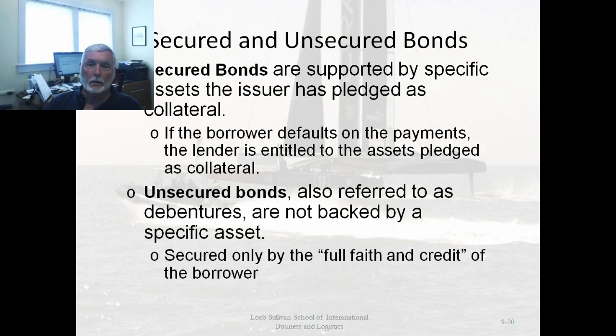If I don't pay, then you can force me into bankruptcy, and you are in line with all the other creditors after the assets are liquidated. So you don't have any preference over the other creditors. We're going to sell all the assets, we'll have a pool of money, and we'll divide it up amongst the creditors. Secured bondholders have more rights. They have the right to take a particular asset.